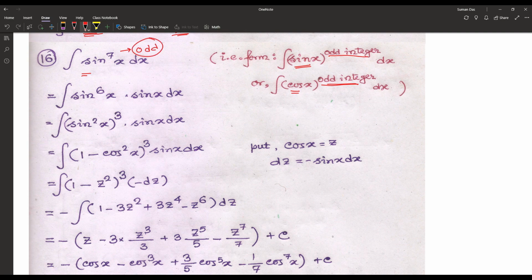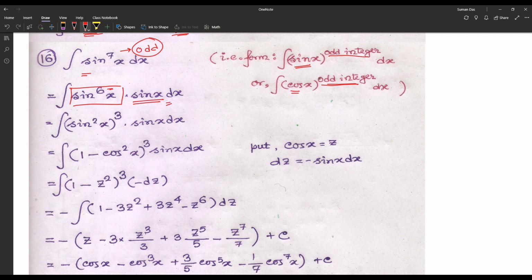So here what we have to do, when we have sin or cos to the power of an odd integer, is take one part as even. That means sin to the power 6x and only one sin x, which you just have to multiply with the dx.